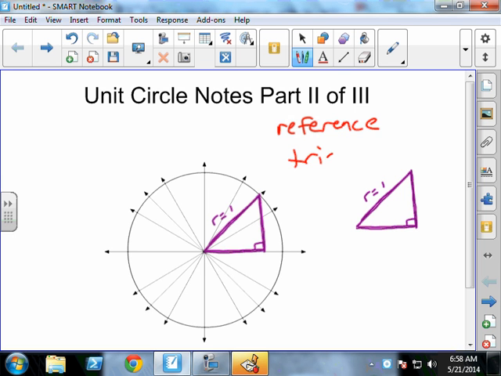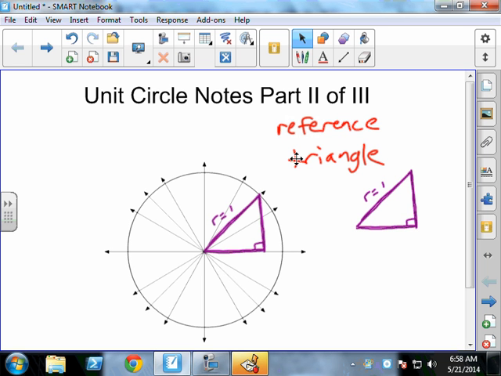So the deal is, on the test, on the last page, one question says, to what part of the reference triangle does the radius correspond? So if we look at the radius, it's 1. What part of the reference triangle is that? And the question will even tell you, is it the hypotenuse, is it the short leg, or the long leg?